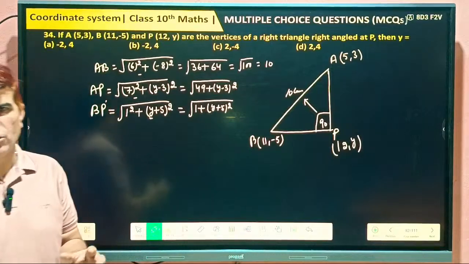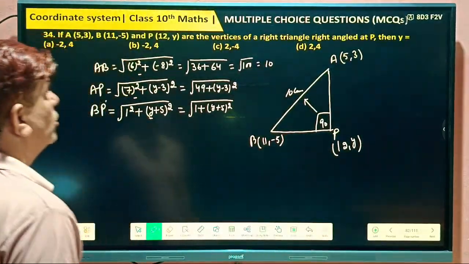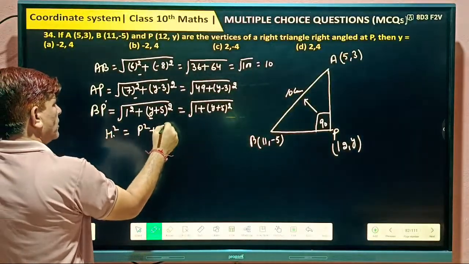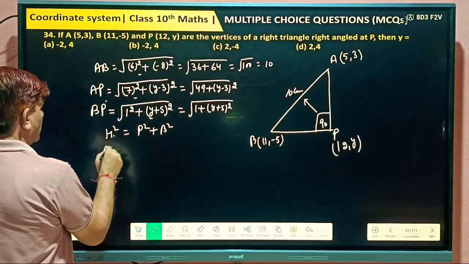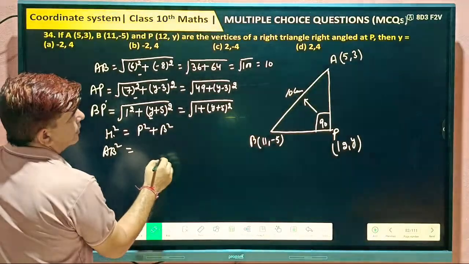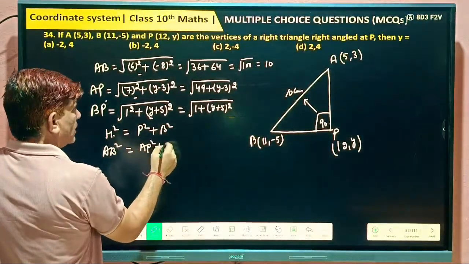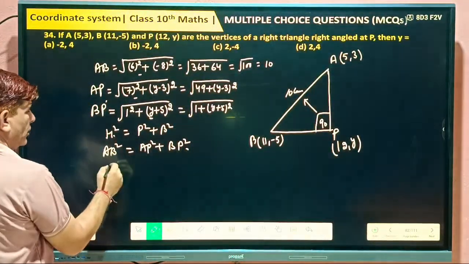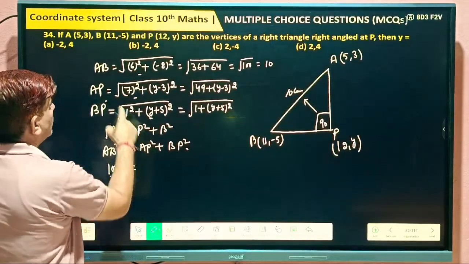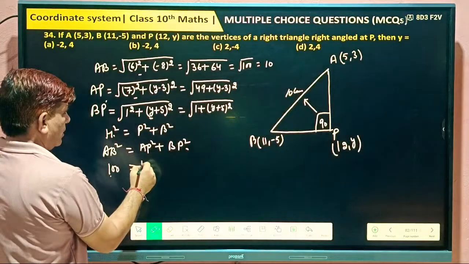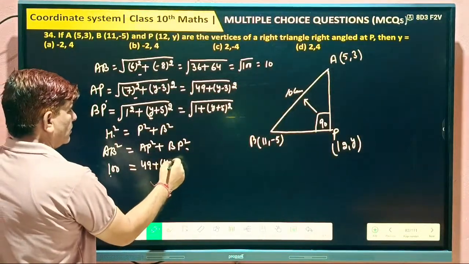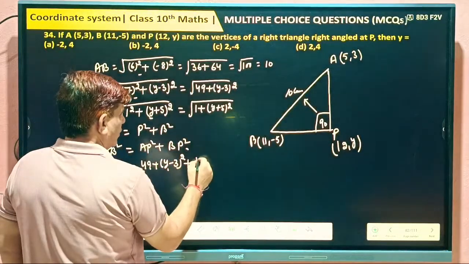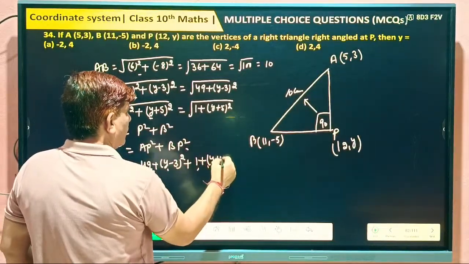It is a right angle triangle, so definitely following the Pythagoras theorem. Hypotenuse squared is equal to perpendicular squared plus base squared. So AB squared equals perpendicular AP squared plus base BP squared. To find the value of y, AB squared is equal to 100, AP squared, with the square root removed, is 49 plus (y minus 3) whole squared, plus BP squared, 1 plus (y plus 5) whole squared.